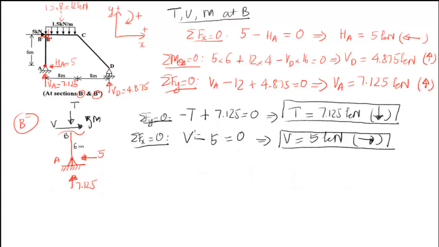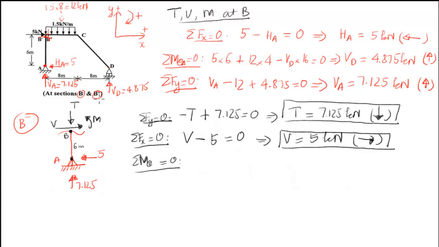And then similarly, we take sigma moment at somewhere equal to 0. Okay, you can either take moment at B or at A. It doesn't matter, because you're only left with one unknown, so it will be possible for you to take moment at these 2 points.